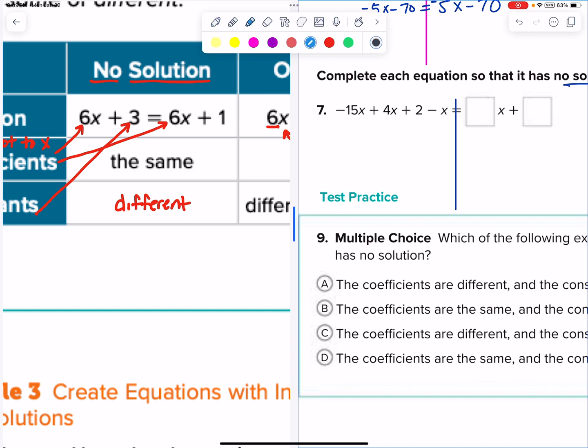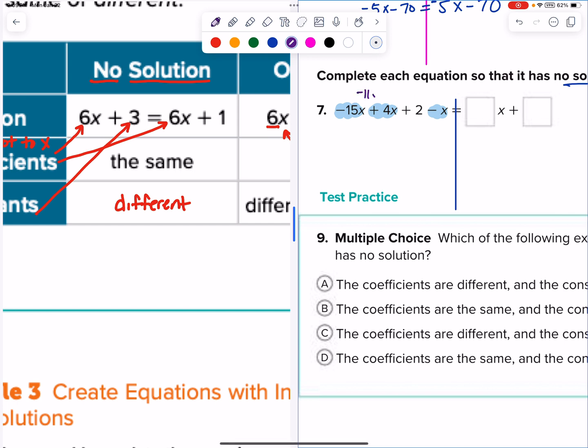Okay, no distributing, we just have to combine like terms. So let's see, what do we have? 15 minus 4, 15, 14, 13, 12, 11. Keep the sign of the bigger, so we're at negative 11 and a negative 1x.